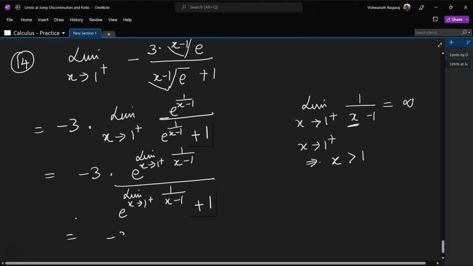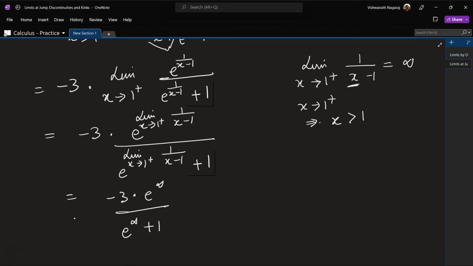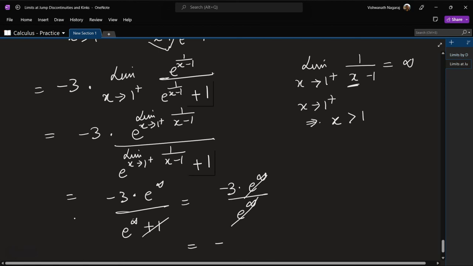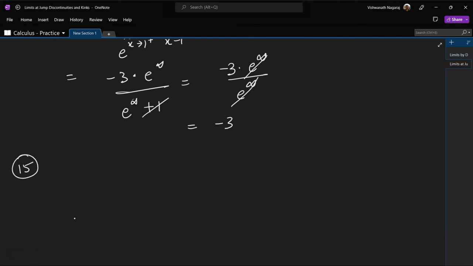So our statement will become minus 3 times e to the power of infinity by e to the power of infinity plus 1. Now, this e is constant. Constant to the power of infinity would be infinity, and adding 1 to it doesn't really matter, so we can easily ignore it. So e to the power of infinity, these two get cancelled out and we are left with minus 3. So that is the limit.